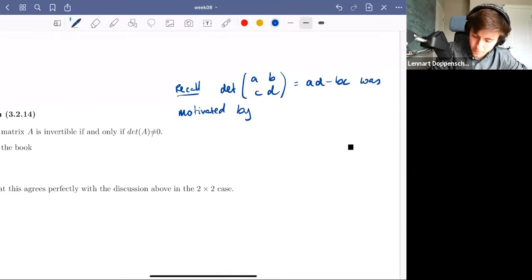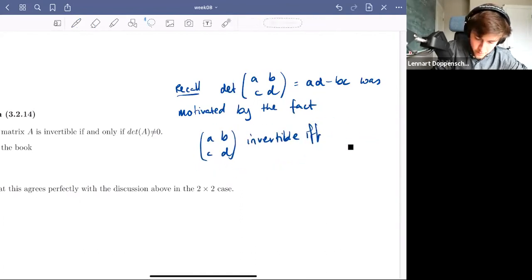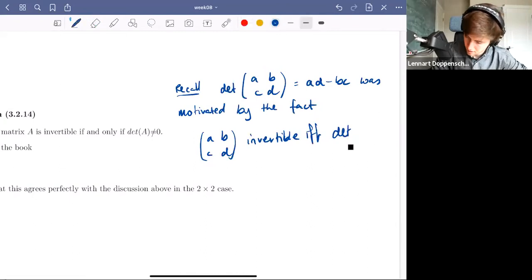by the fact that the matrix ABCD is invertible if and only if the determinant of ABCD is non-zero.